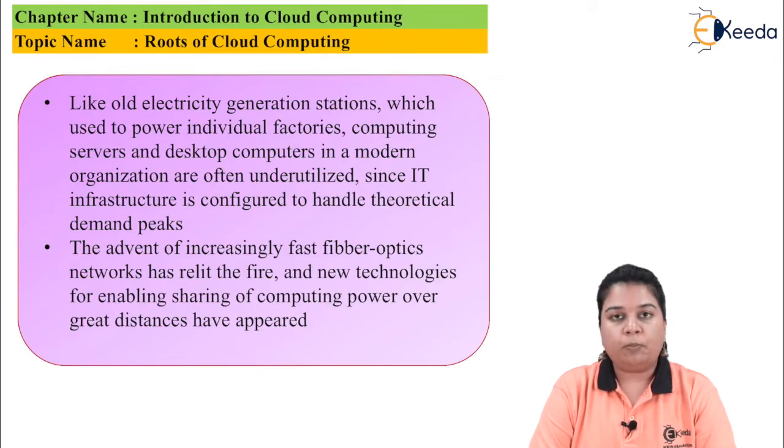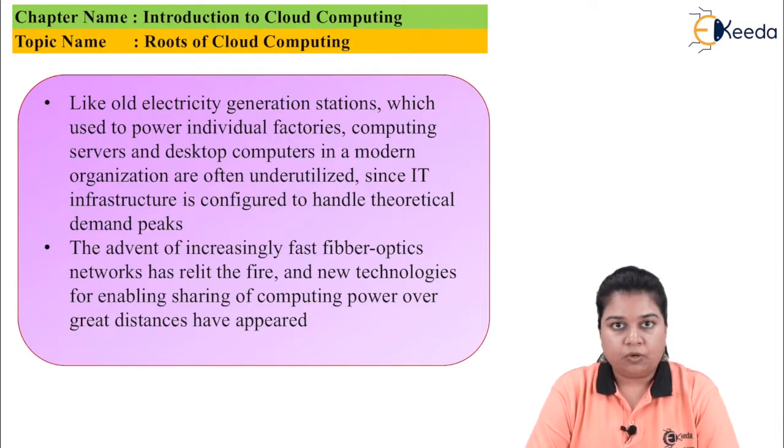Since fast fiber optic networks are there, they have increased the amount of data we can send over the network, or the amount of data that can travel from one place to another. It has increased the speed of the internet, which provides greater convenience for companies to transfer data from one place to another.